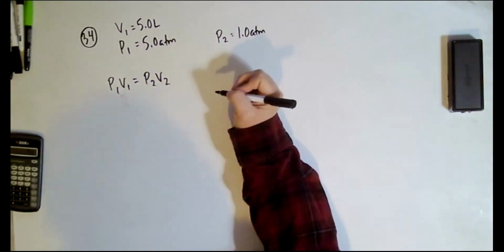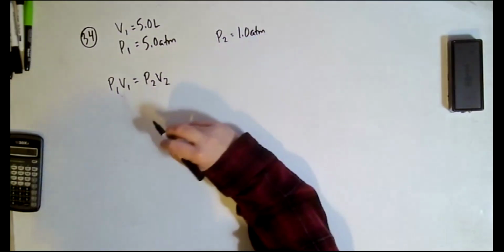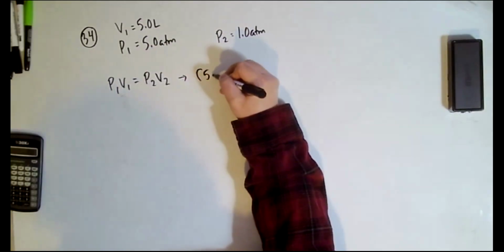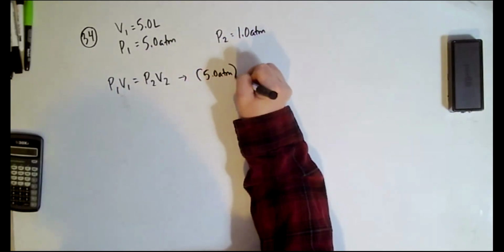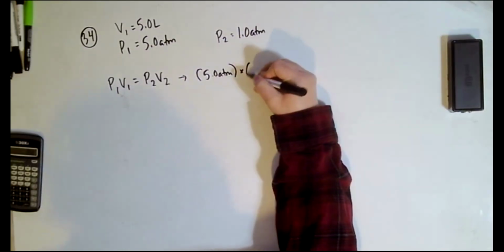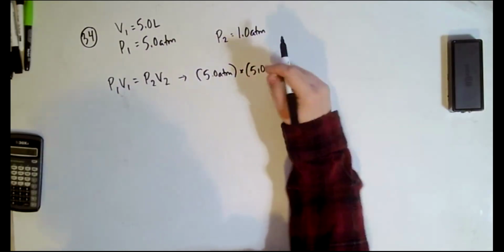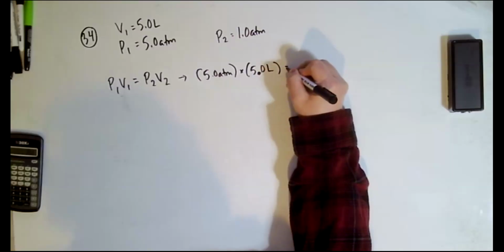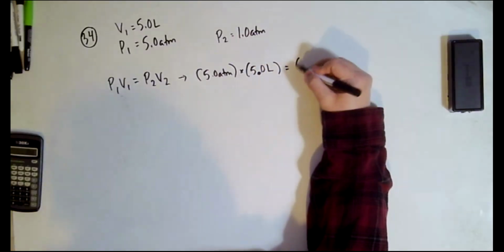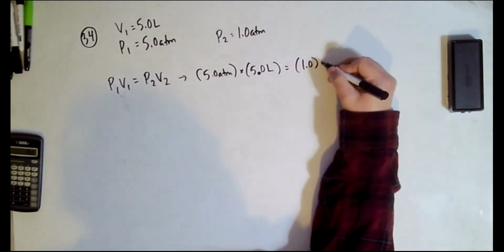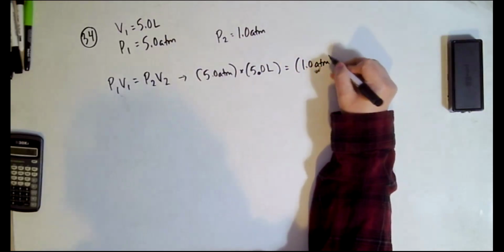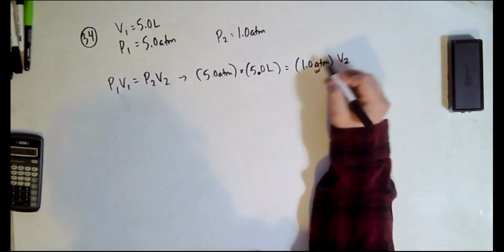Okay. And so we're going to plug in our values that we have. 5 atmosphere times 5 liters equals 1 atmosphere times V2.